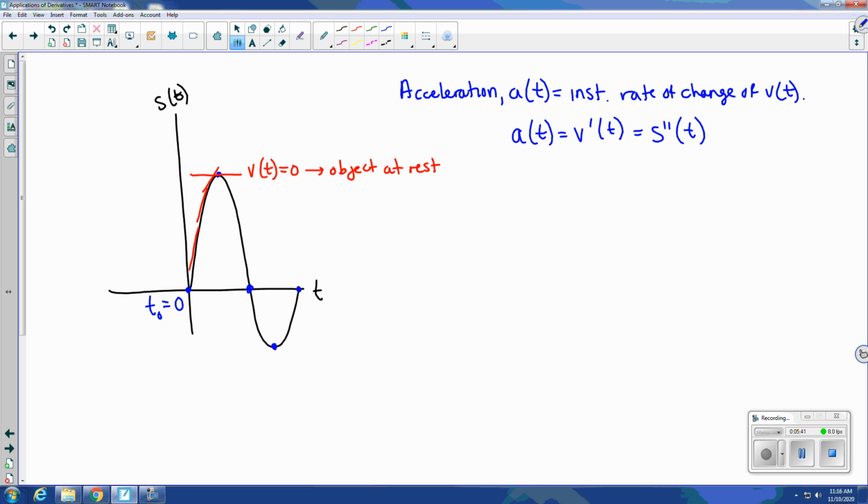When it comes to labeling things, we know position, we are just going to assign some distance. For velocity, we're doing distance over time.